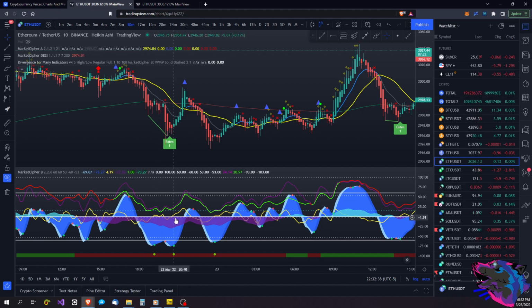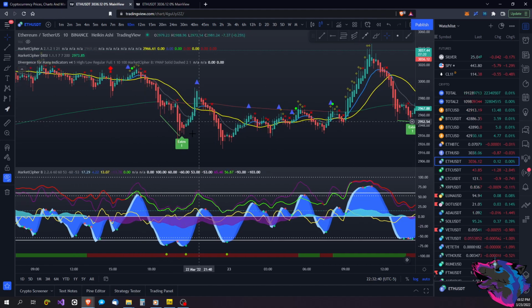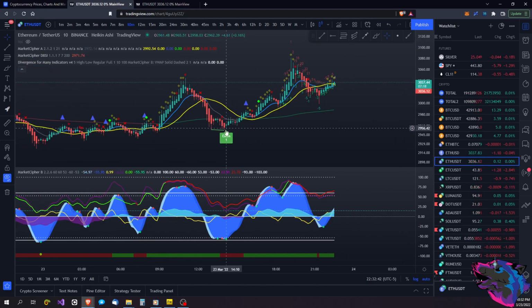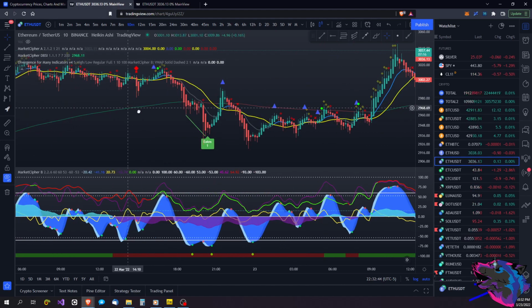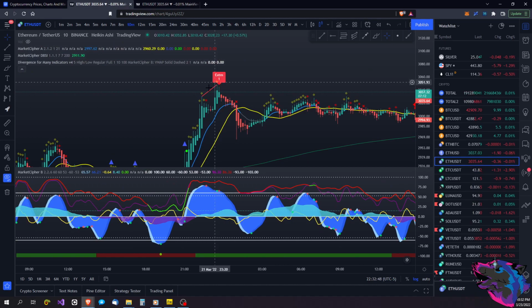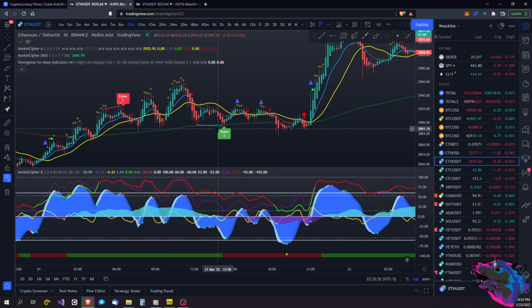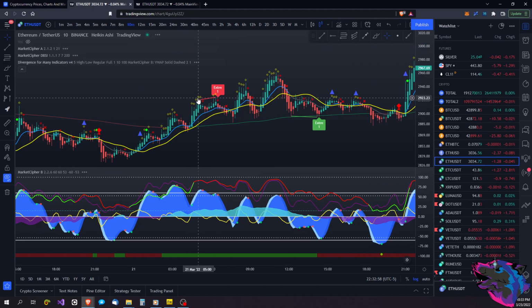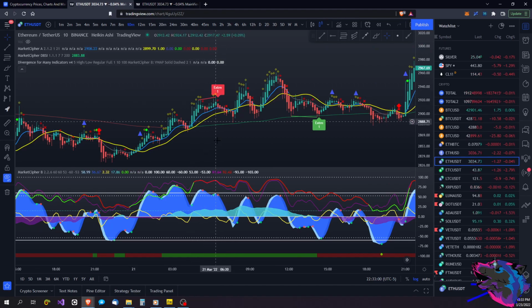Yep, see VWAP coming up. Went into a nice little pump. Went into a nice uptrend. What do we got here? Bearish, definitely. Bullish, okay. It's sketchy, but it happened. Same bearish right here. Yep.